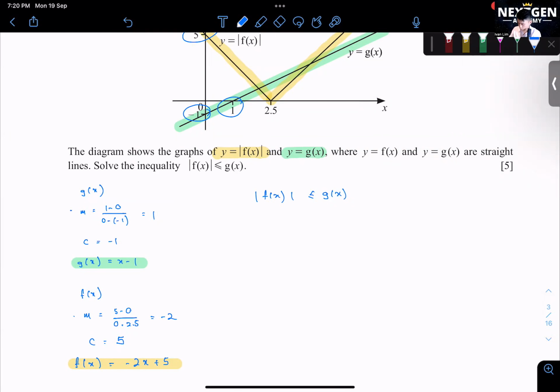So we just put it inside the modulus: |-2x plus 5| less than or equal to what's g(x)? x minus 1. You have to remember, most students, even from my past few batches, always get confused with the symbol for modulus one side, and then less than or less than or equal.